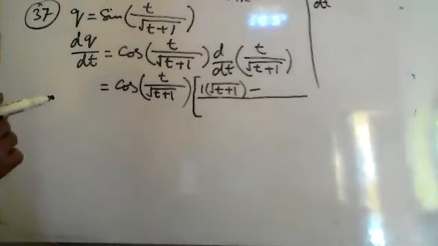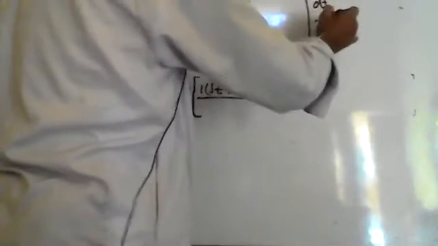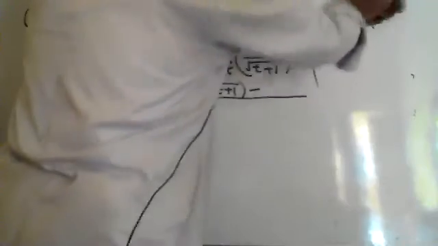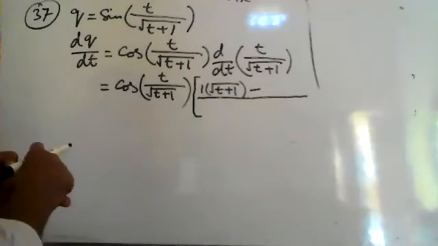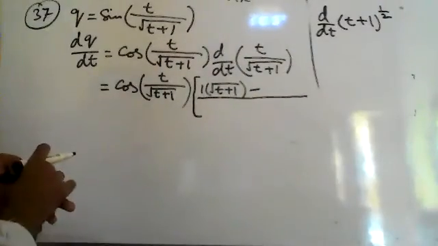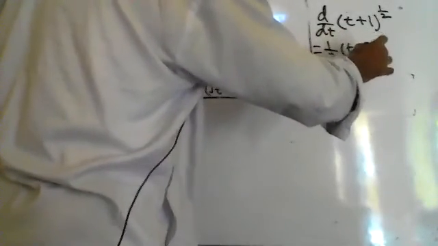The derivative of this one will become 1 over 2 into t plus 1 raised to power 1 over 2 minus 1, into the derivative of what is inside, t plus 1.